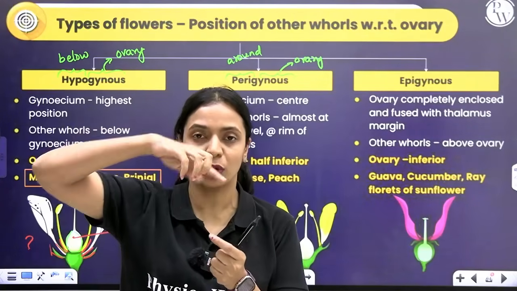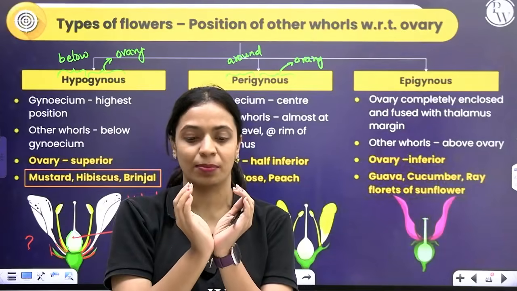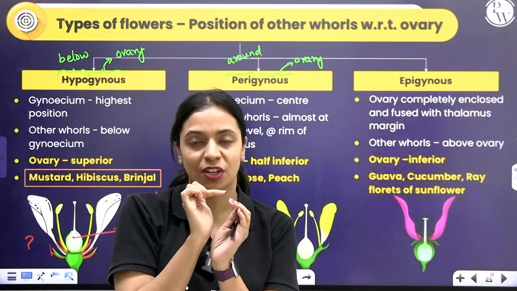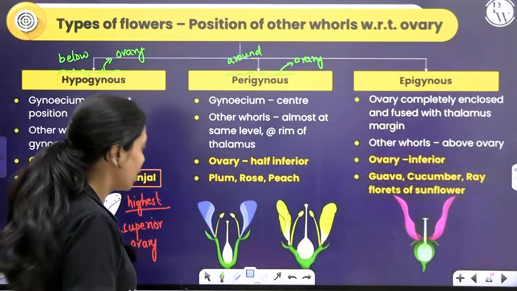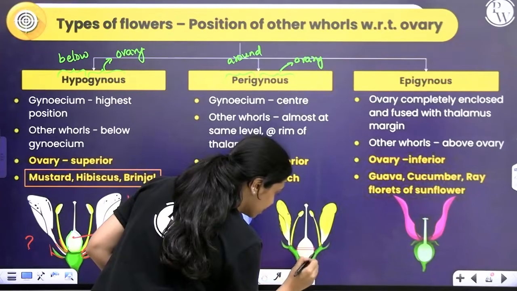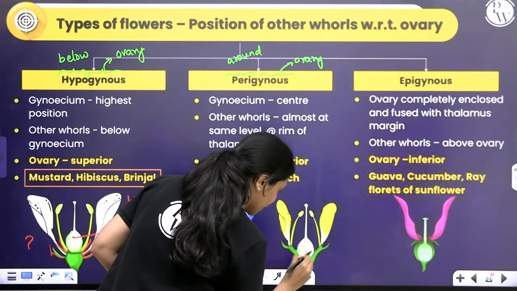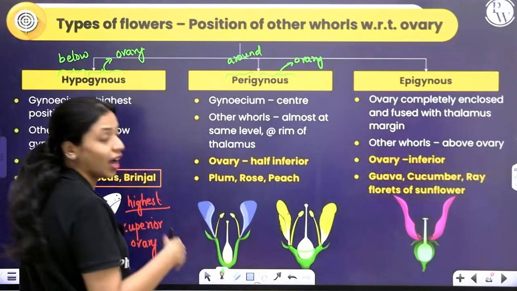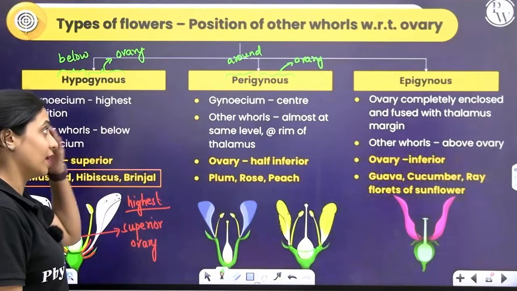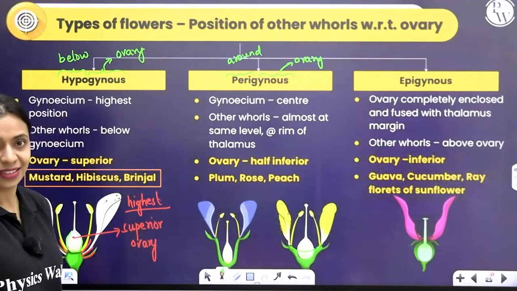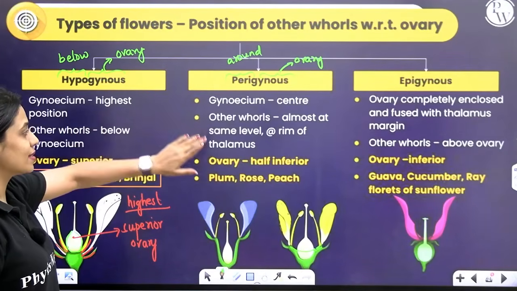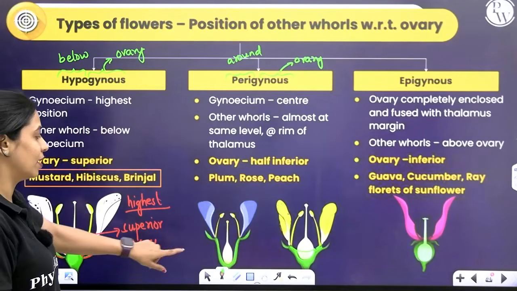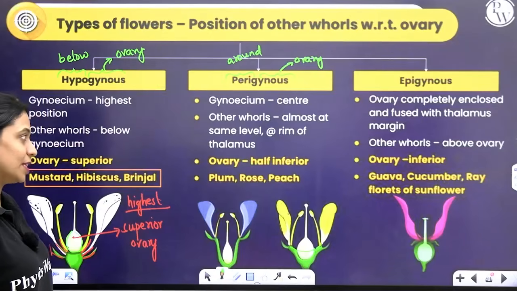At the bottle's mouth, you have that opening, right? That is called the rim. If the thalamus forms a cup-like structure, it will have a rim, right? So, if you can think of this as the rim of the thalamus, from that same level, the other whorls will also arise.